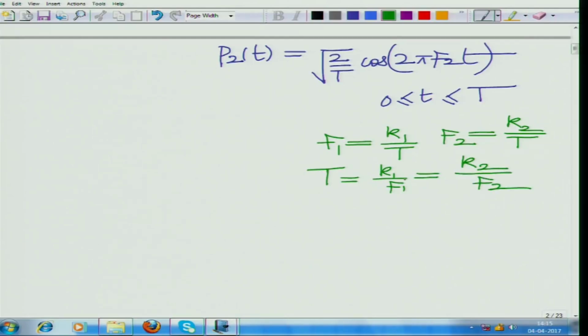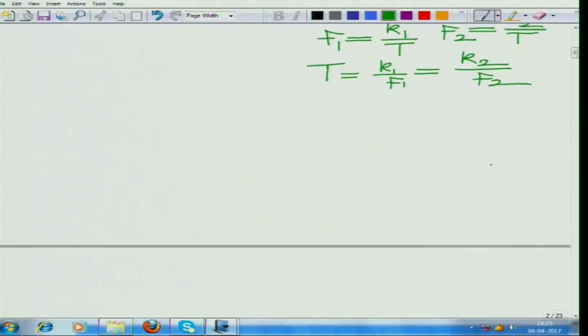So T contains k1 cycles of P1, the first sinusoid at frequency f1, and contains k2 cycles of the other sinusoid at frequency f2.